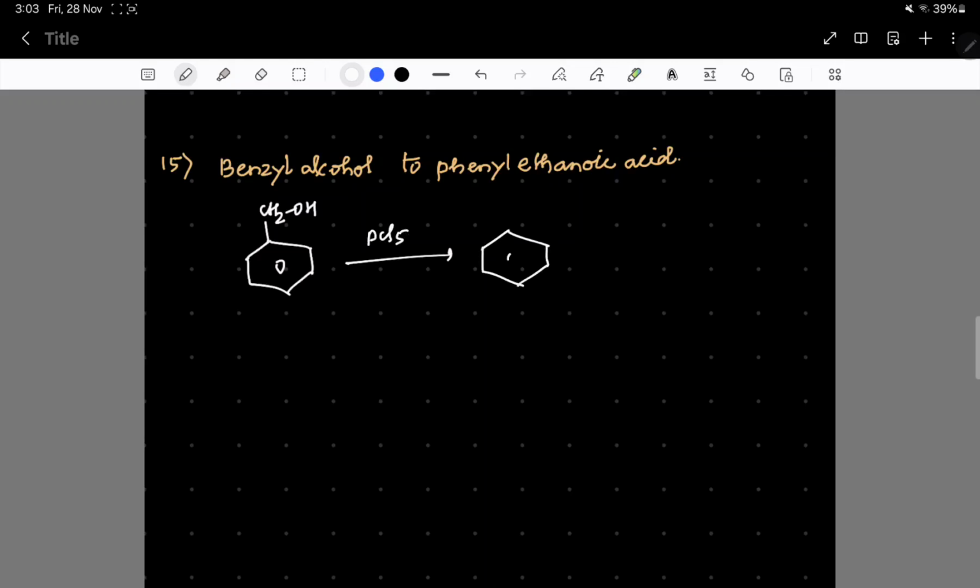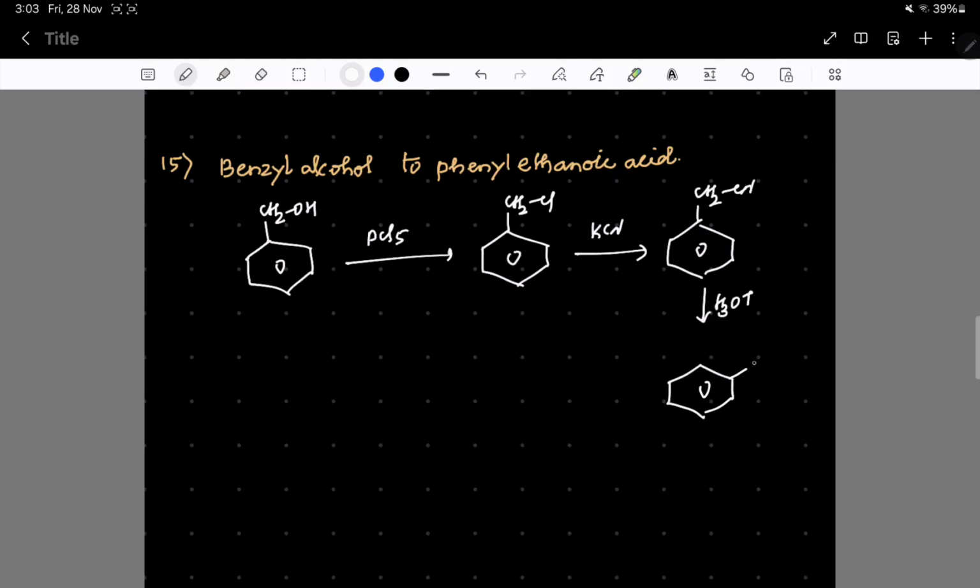Then this will be converted into CH2Cl. Right. Now this is followed by KCN. Then you will get CH2CN. Then this is followed by hydrolysis, giving CH2COOH. This is called phenyl ethanoic acid, right?